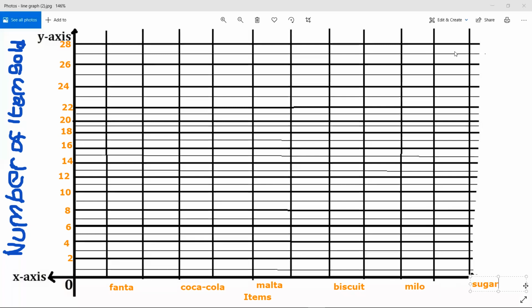So I have to extend my graph here. Okay. I need to extend my graph. Let me extend my graph first.